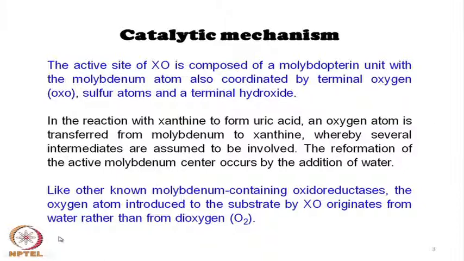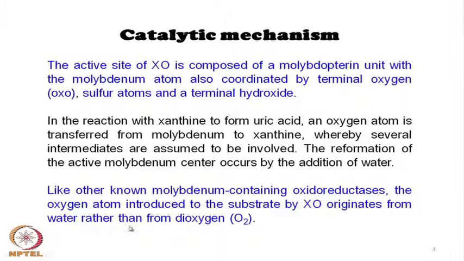So, in all these oxidoreductases, when some oxygen is introduced to the molybdenum site and the molybdenum dioxide form is forming, xanthine oxidase is generating. During the formation of this xanthine oxidase, we find that the molybdenum is getting activated through water coordination as a molybdenum oxo compound, and that molybdenum oxo compound is transferring this oxygen to the xanthine molecule, giving the product.